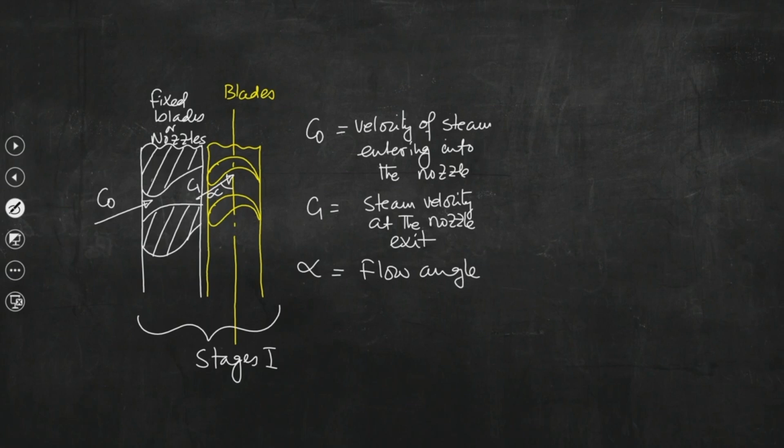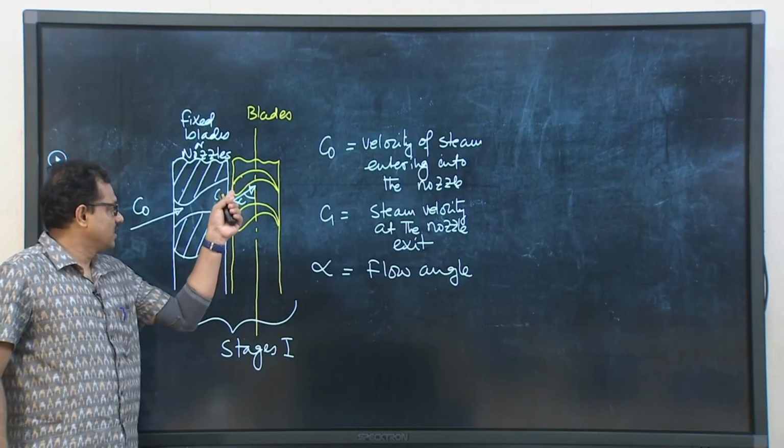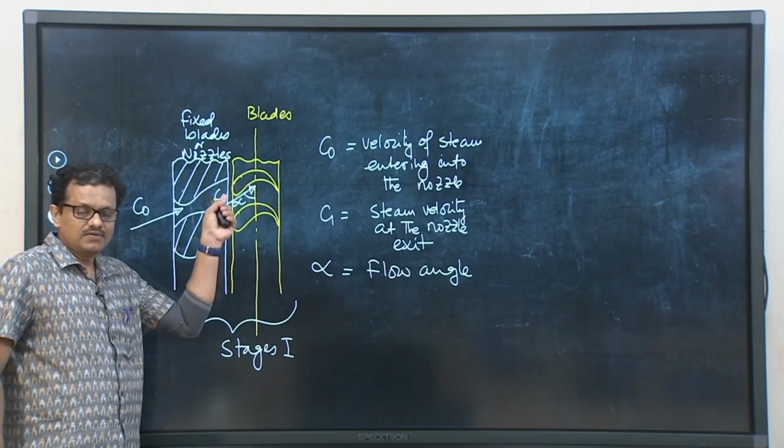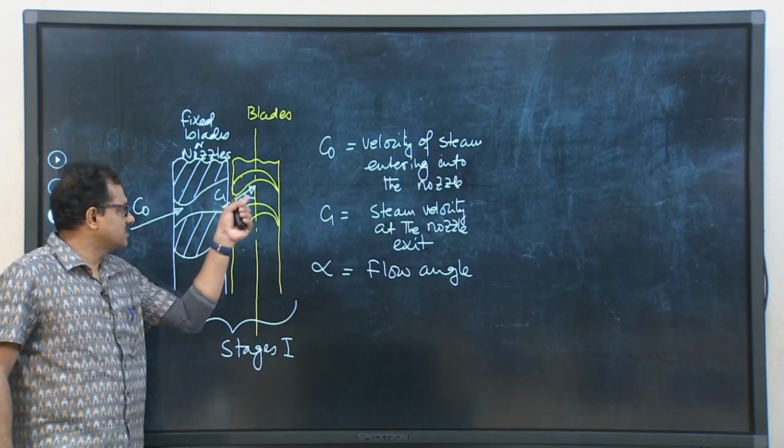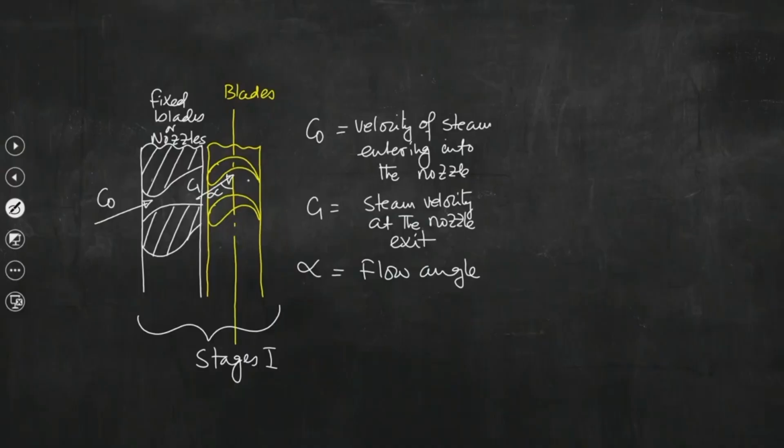And after striking, as we have discussed, after striking the turbine blades at a velocity C1, that steam will come out from the blades, say, at a velocity C2. So, C0, C1, C2 are the absolute velocities.